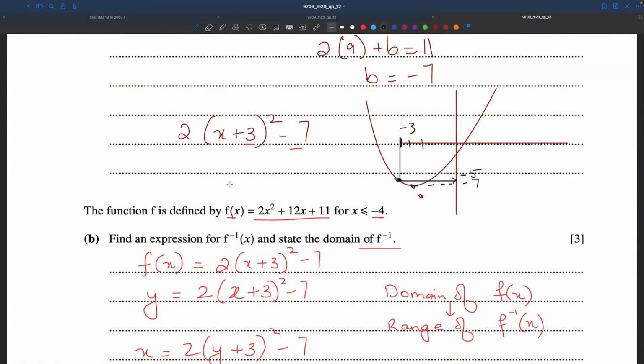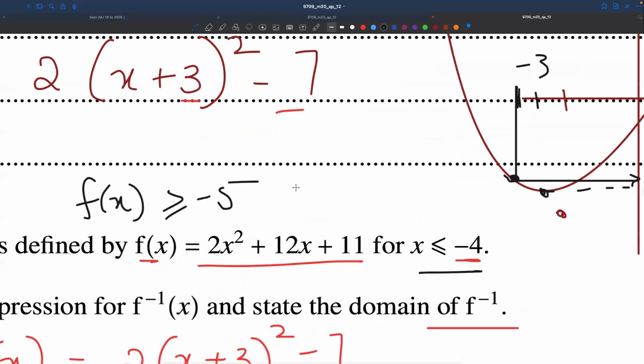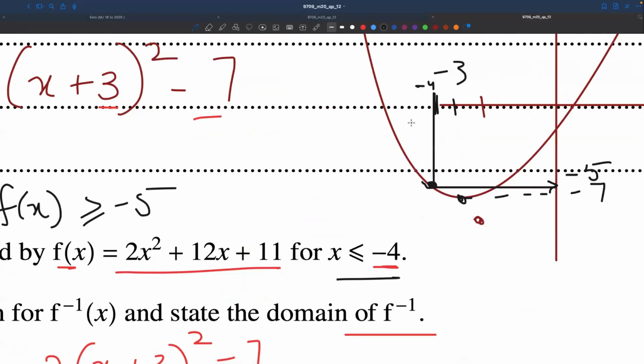Can I say that this function f of x for this value of x, f of x will be greater than or equal to minus 5? Do you all agree with this? Because look, I'll tell you what, x is minus 4 and x is always less than minus 4. As I go lesser than minus 4, the value of the function will keep on increasing, right?